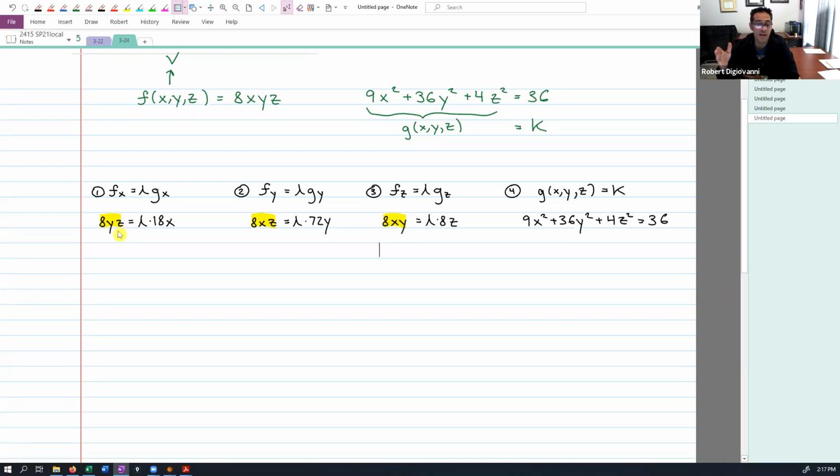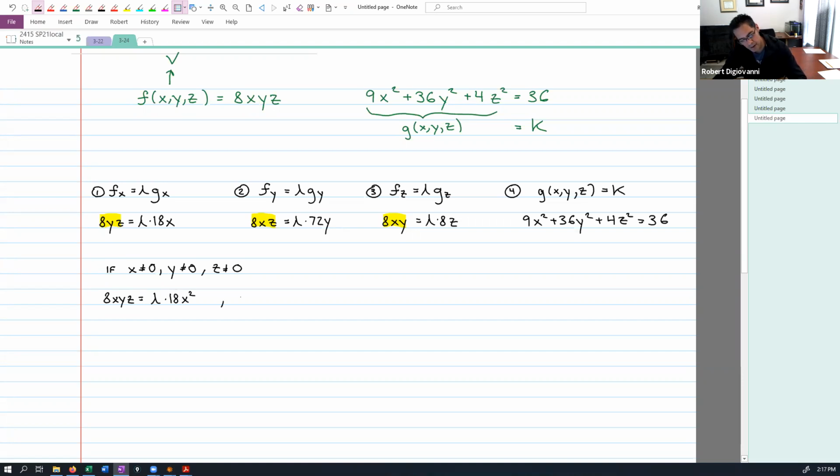But if I do that, I need to make sure that I'm saying to myself, x, y, and z can't all be 0, right? I'd have to consider that. So I'm going to do that right now. If x is not 0, y is not 0, and z is not 0, then we have that 8xyz equals lambda times 18x squared.